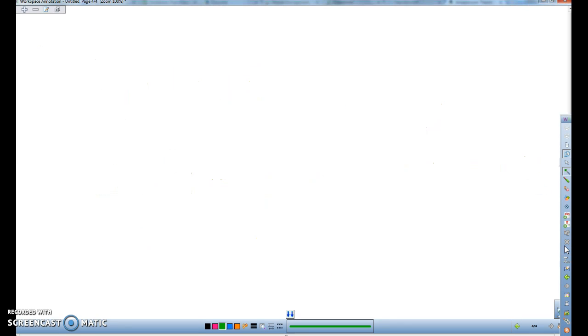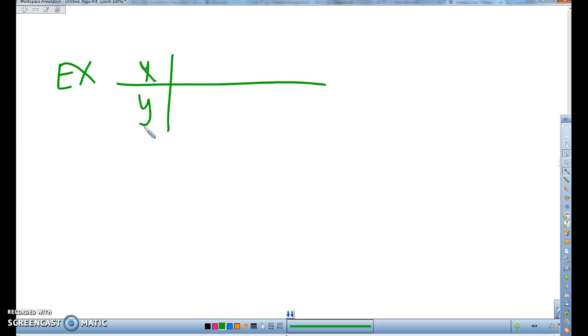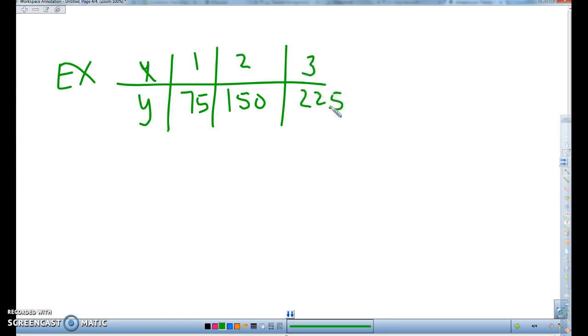Let's try another one on your own. I'm sorry, x on top, then y. Tell me if that's proportional or not, and then write the function rule for this one.